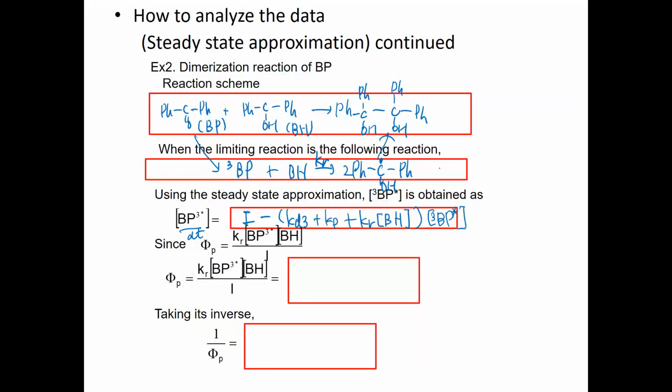And this could be written like this. So you could obtain the BP3 as I over KD3 plus KP plus KR BH.